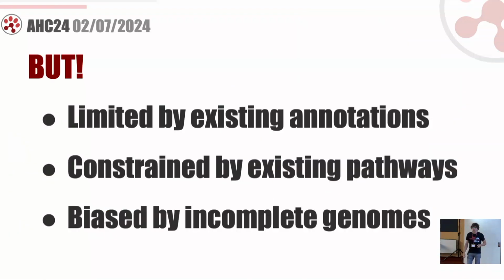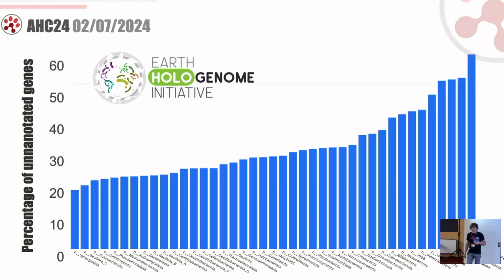But, and these are just 3 of the limitations, the caveats that we have, we are always limited by existing annotations, and this has been mentioned a couple of times already in this conference. I pulled some information from our data set on the Earth Hologenome Initiative, and out of the 60,000 genomes we have reconstructed, this is the percentage of unannotated genes.